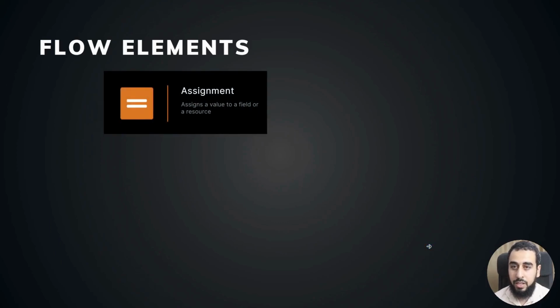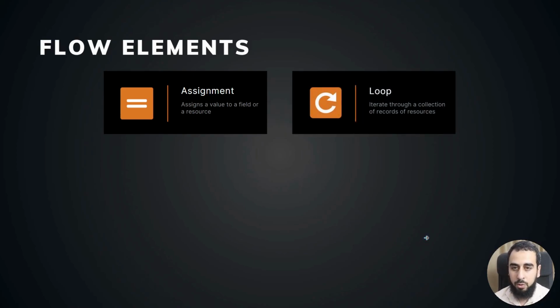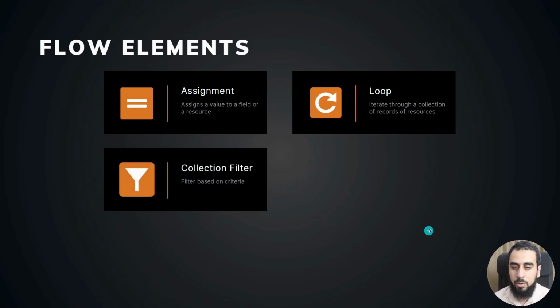In regards to the yellow elements, we have an assignment where we would take one value and assign it to a variable or a field or a resource. And then we can loop through a bunch of records or a collection of records. We also have a collection filter.